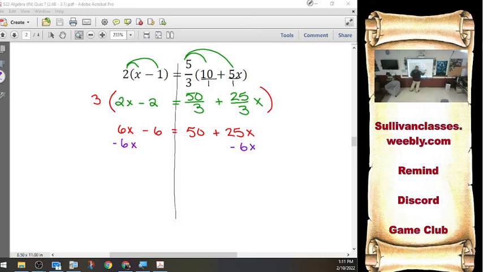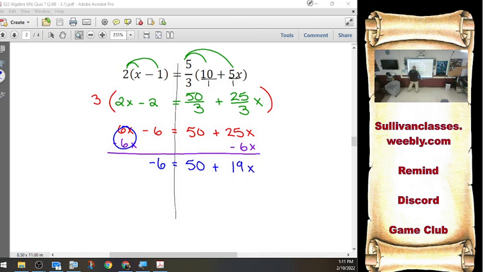Doesn't have to be the way you're going to do it. See, when I zero that out, I see there's still a negative with my 6.